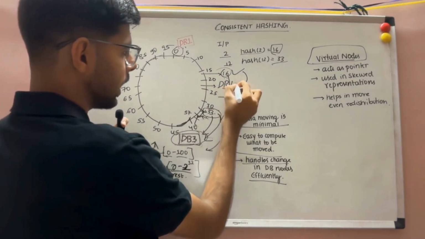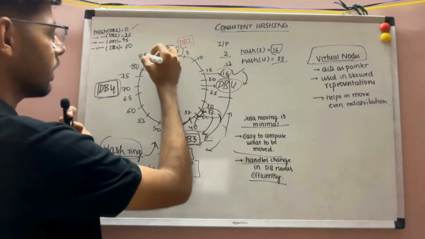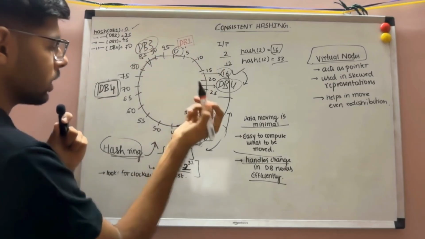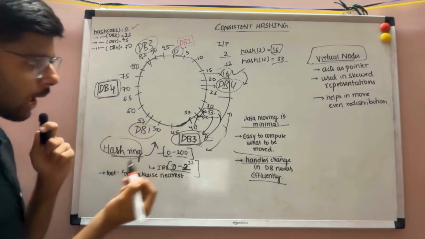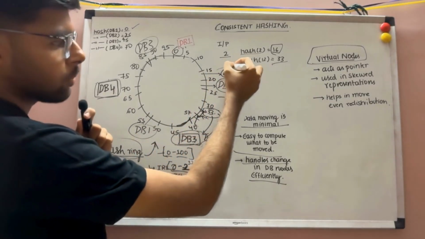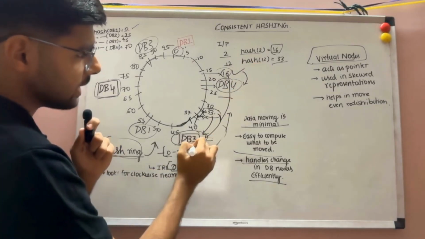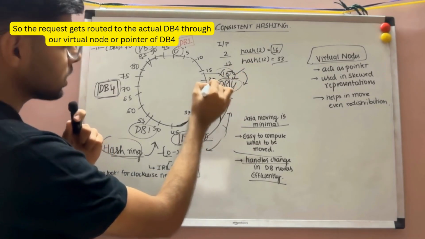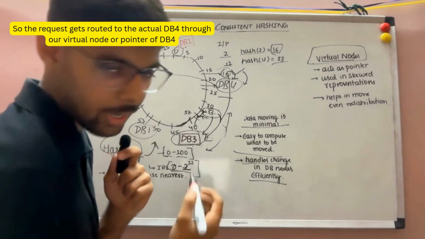And similarly we'll have database 3 somewhere here, and database 1 somewhere here. Now what happens is the request 16 is not going to database 3, but it goes to this pointer DB4, which stores it at DB4, right?